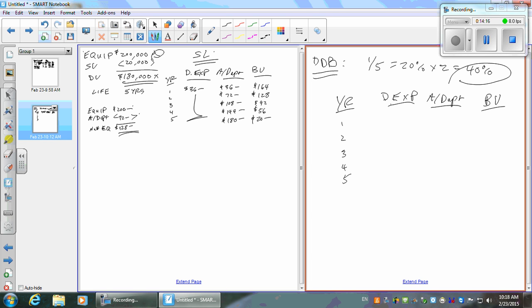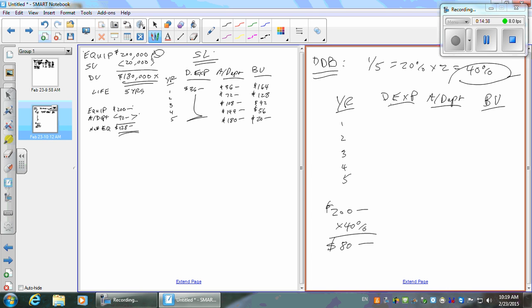That's all I'm doing. You guys do know what 40% of 200 is. 200,000 is the book value. You haven't depreciated it yet. I want 40% of it. That's all you do. How much is it? 80,000. Ta-da! That's more than 72.